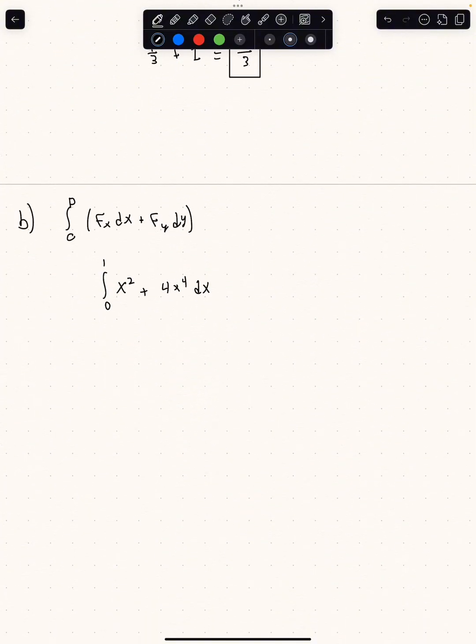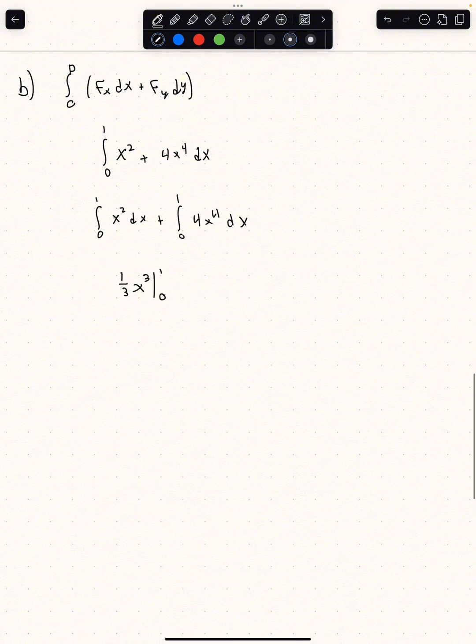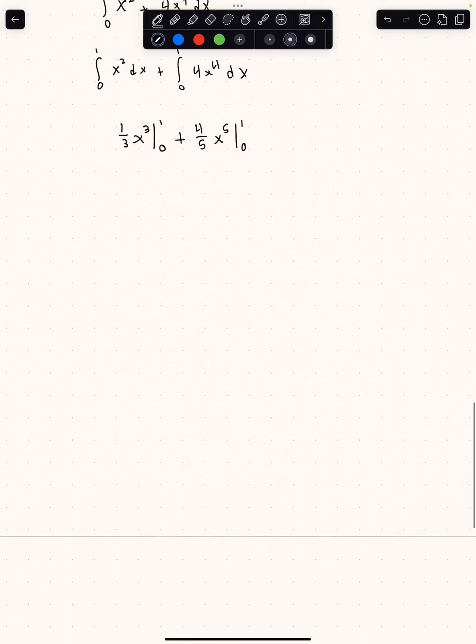And then we can split this up into 2: x squared dx from 0 to 1, and 4x to the 4th dx. Evaluating these separately, we already know what this turns into. We did it up top: 1/3 x cubed, 0 to 1. And then this will become 4/5 x to the 5th, evaluated from 0 to 1.